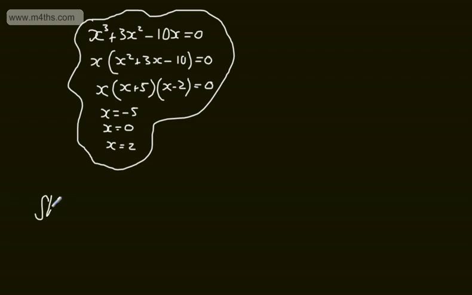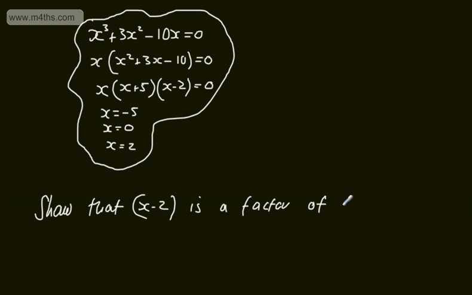Let's say we need to show that x minus 2 is a factor of, and let's take a cubic, x cubed minus 6x squared plus 11x minus 6. So we need to show that it is a factor, and then the question might say, and hence fully factor.